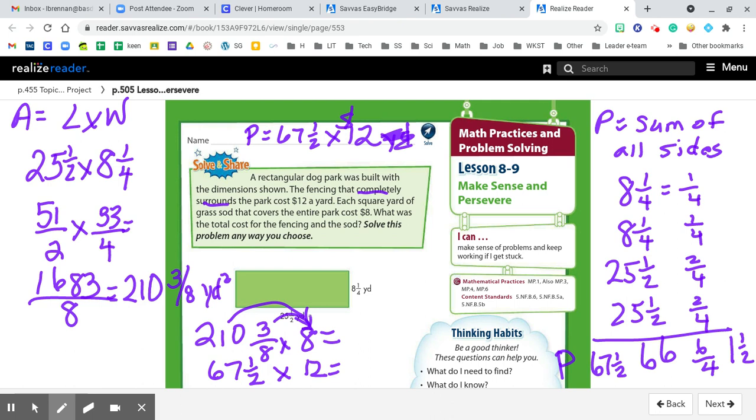So let's see, 810. Okay, so here we have 210 times 8 equals 1,683, and 67 1/2 times 12 equals 810.